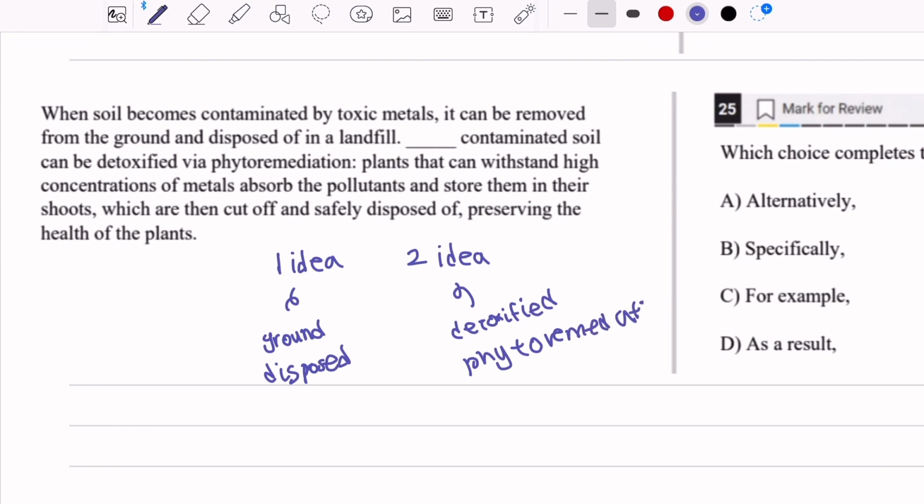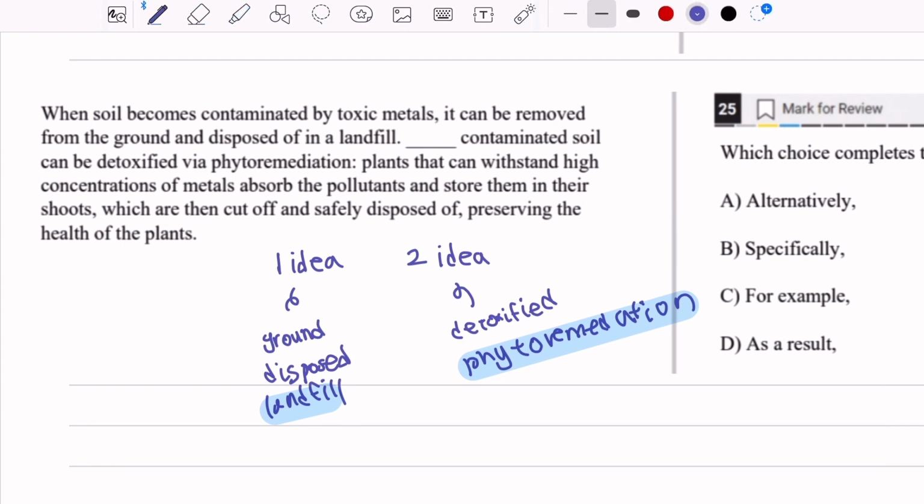So ideas 1 and 2 are both talking about how to remove the toxic metals from the ground, but one is focusing on the landfill, but two is focusing on phytoremediation.